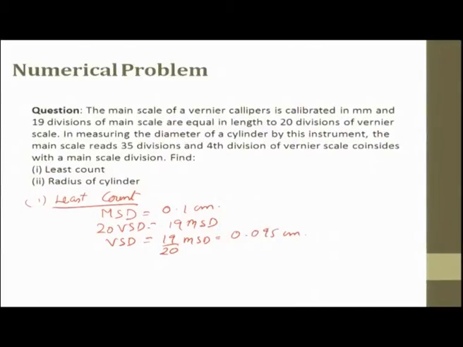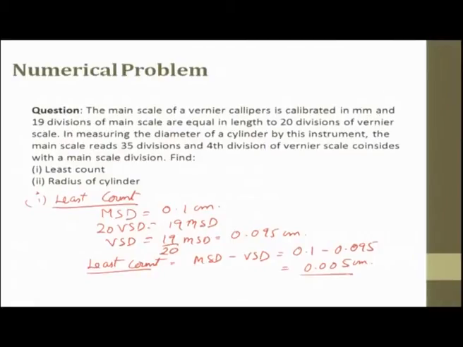Is this the least count? No, this is the VSD. Least count is MSD minus VSD, which is 0.1 minus 0.095, which is 0.005 centimeter. This is the least count.